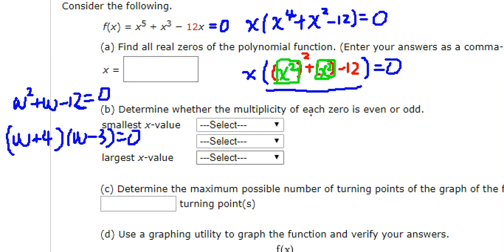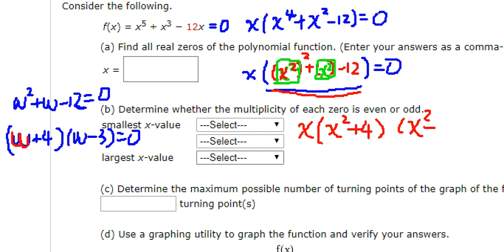So now I'll just continue. So this becomes x times, okay, we just factor these parts, right? And with w being x squared, that's what's occurring. W is x squared, so it's going to be x squared plus 4 times x squared minus 3 equals 0.